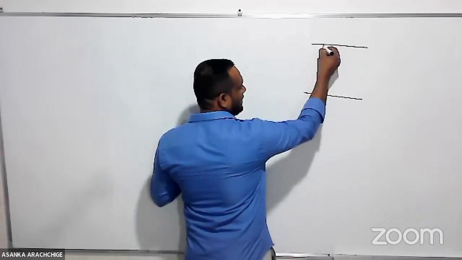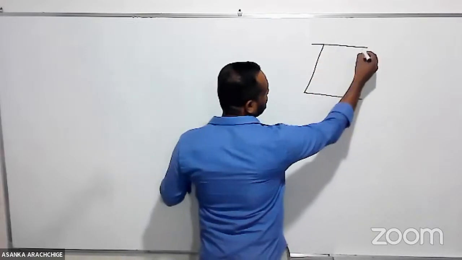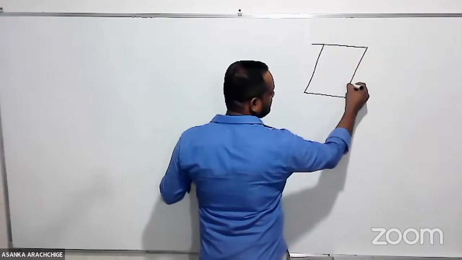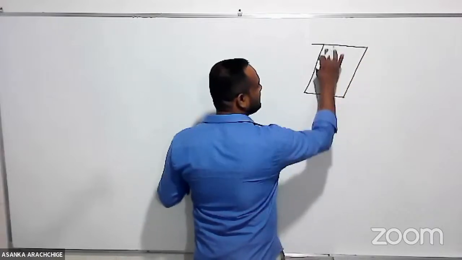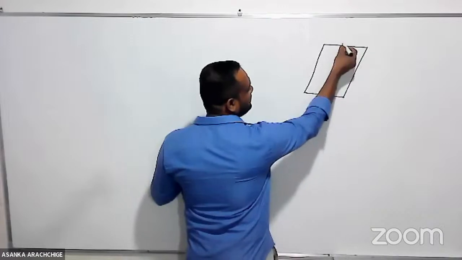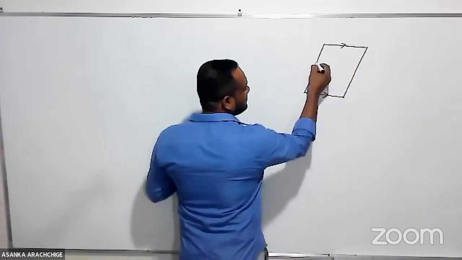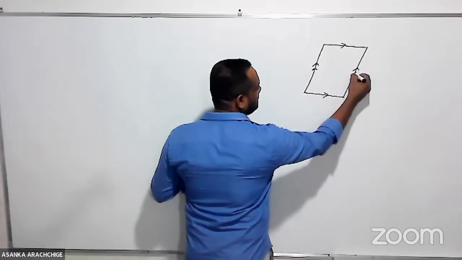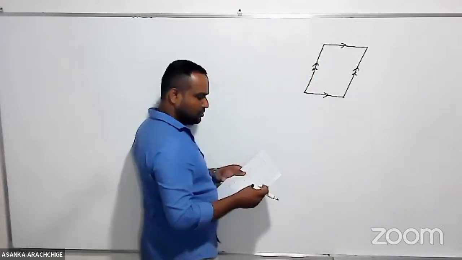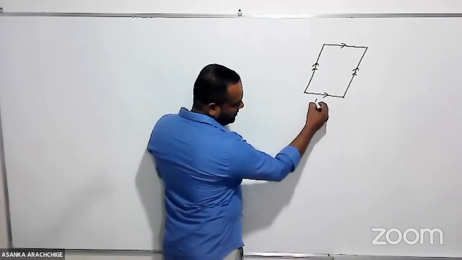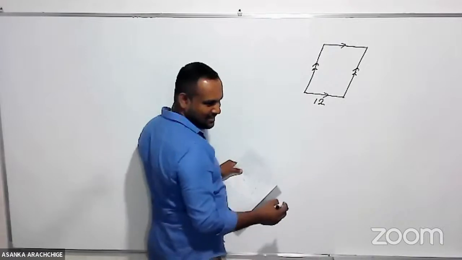Okay, this is what I asked. This is the given figure, a parallelogram. These sides are parallel, right? We are given the length of this side as 12.